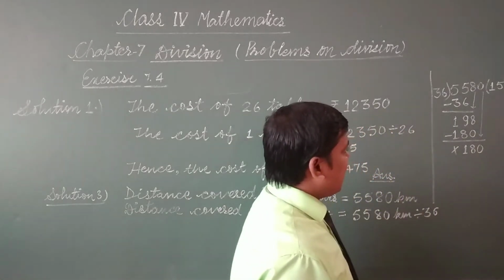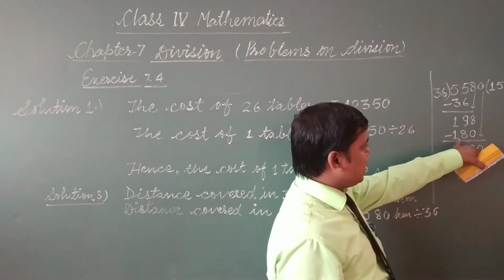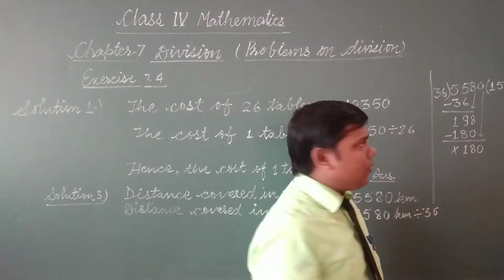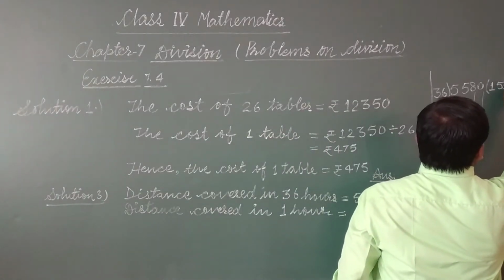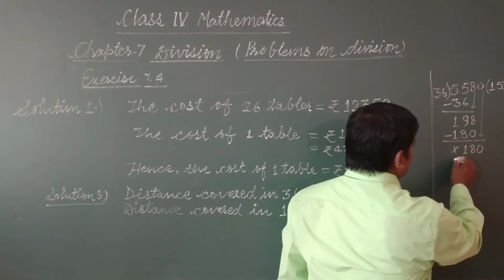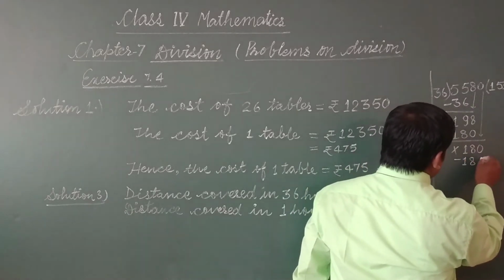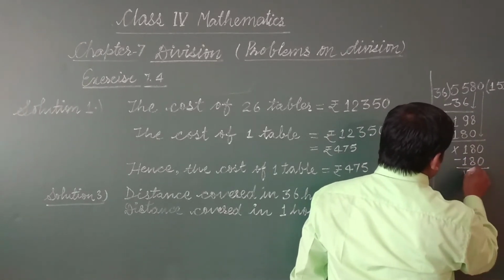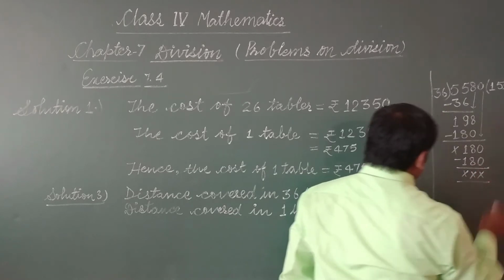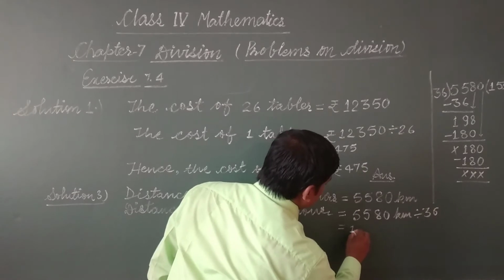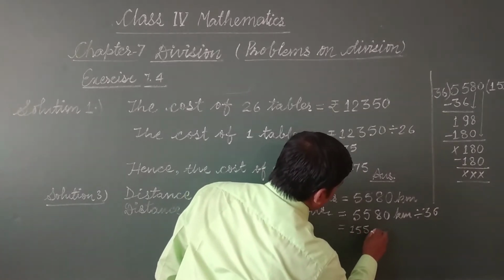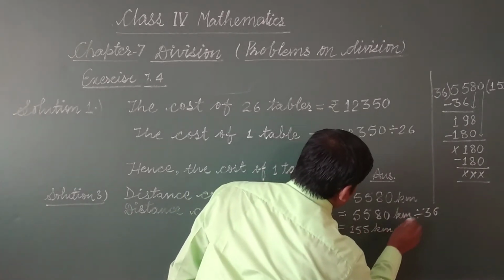Now again, as you see here, 1 digit comes down, 5 times, so we write here 5 times 36, which is 180, minus 180, so it will be cancelled. So you can write directly here 155 kilometers.